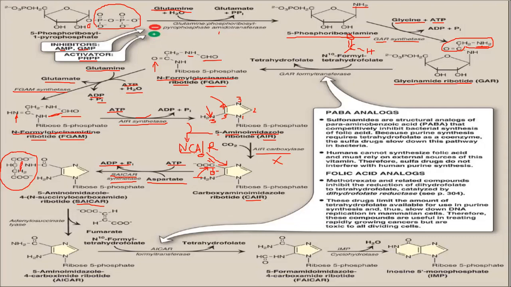We cut it at this position, and one of the hydrogens from here will be transferred to here by an enzyme known as SAICAR lyase, the N-succinyl 5-aminoimidazole carboxamide ribonucleotide lyase. We cleave at that position, and the carbon skeleton of aspartate is fumarate, which will maybe go to the TCA cycle.